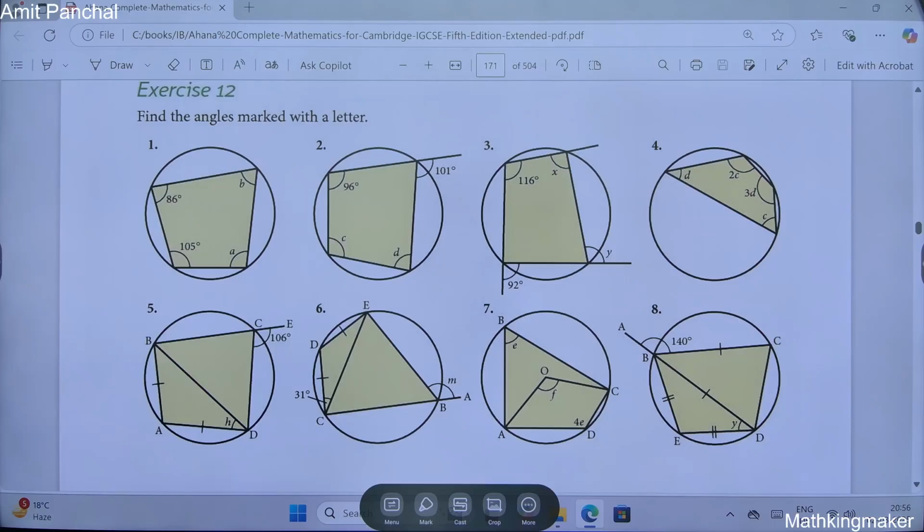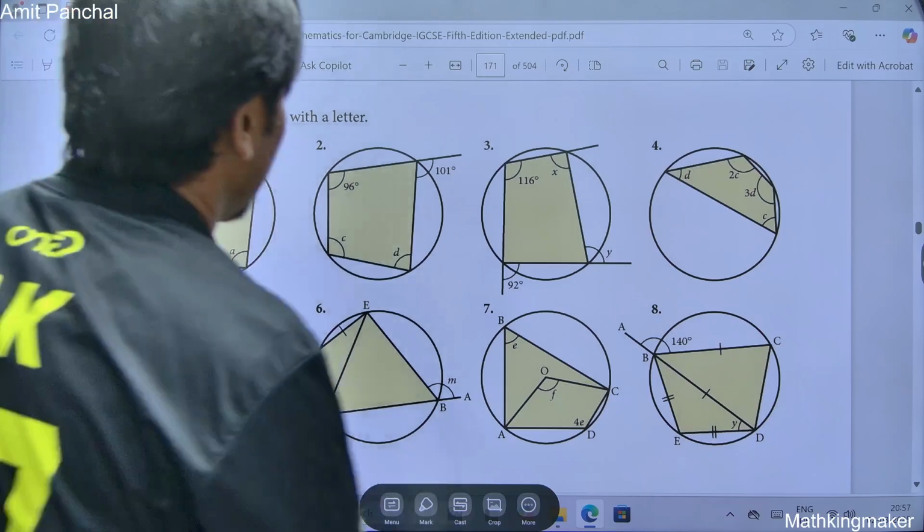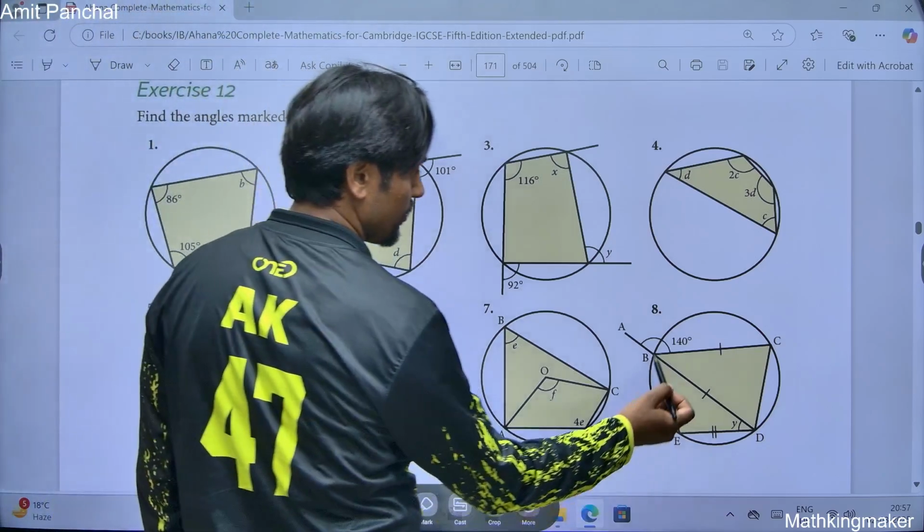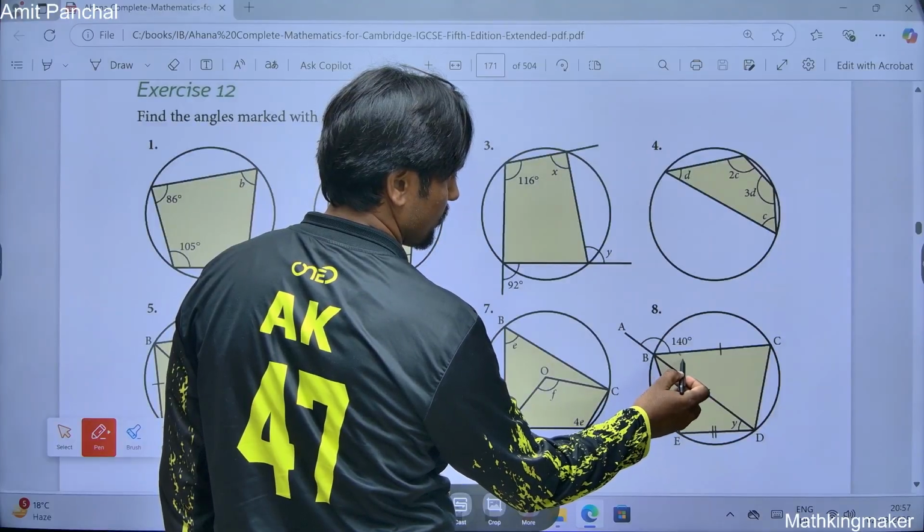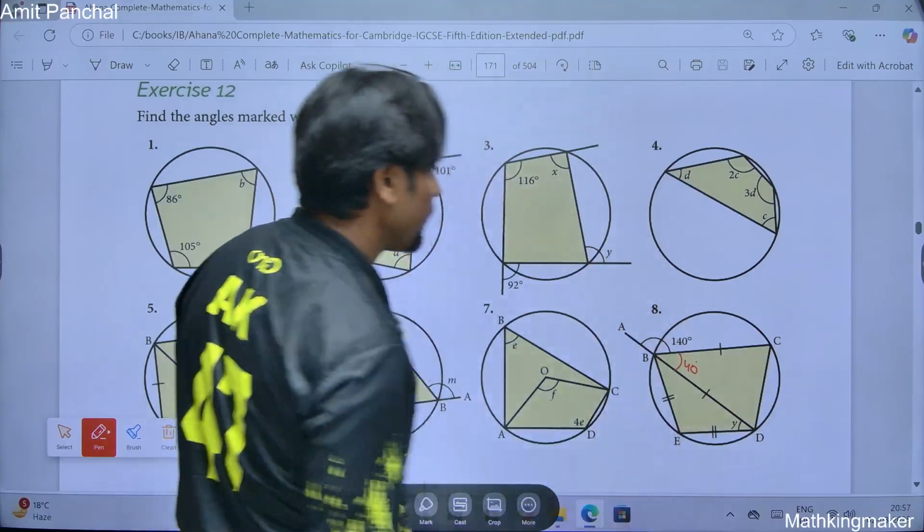Is Y 50? Okay, you're talking about the 8th question. Why is it not 50? How are you approaching this question? 40. Yes.